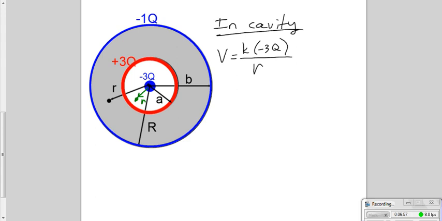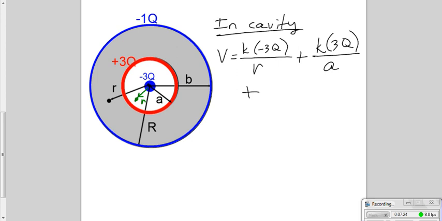And then we have the red shell of plus 3Q, but notice because we're on the inside of that, not outside of it, we're going to use its radius. That's the radius A. So we're going to add K times 3Q. That's a positive, I just didn't write it that way. And then we're going to use its own radius A. And then we have another charge that we're inside of.